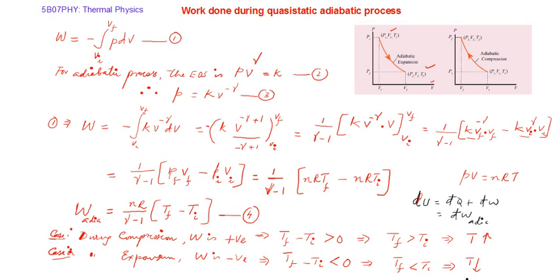Now on the left side you see dU. What is dU? It is U final minus U initial. Now just have a look at this equation. What does it mean? On the left side you have U final minus U initial, that is the change in the internal energy, and the internal energy is a state function. And on the right side you have adiabatic work.